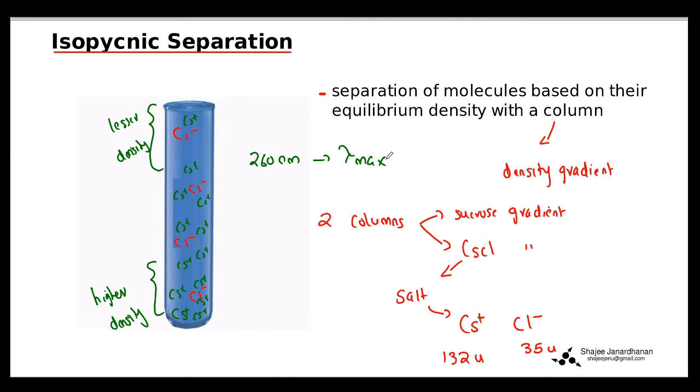All the regions of the tube will be purple except the region where the DNA is present, because the DNA absorbs the UV light and appears as a dark band.